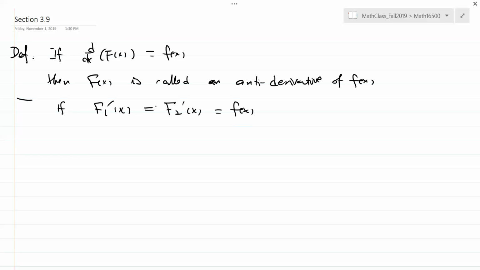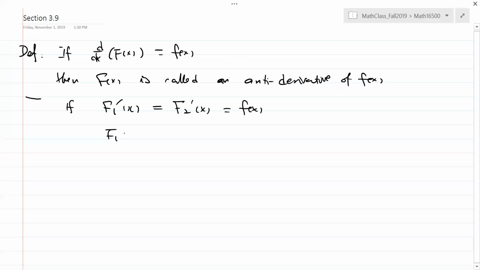Well, because F1 and F2 have the common derivative, the derivative of the difference is going to be 0, because the first derivative minus the second derivative, they're both equal to little f of x. So if it's 0, then they differ by a constant.